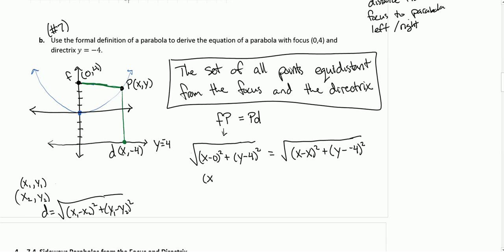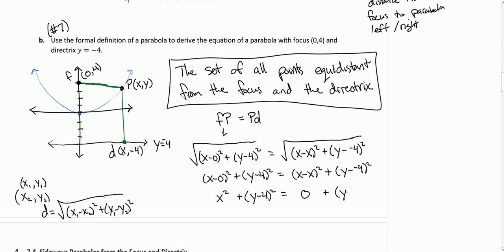And we have x minus 0 squared plus y minus 4 squared is equal to x minus x squared plus y minus negative 4 squared. And then there's a few other things we can do. We know that x minus 0 is x, so this is just an x squared, plus y minus 4 squared is equal to x minus x is 0, plus another y, well here we have a y plus 4 squared.